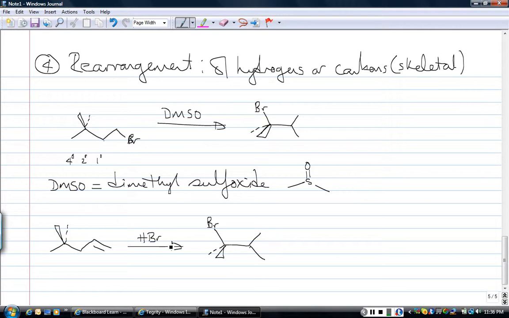It involves a rearrangement, right? Certainly, this methyl has moved over to that position. Wait a minute, no, I think I added one carbon too many. 1, 2, 3, 4, 5, 6, yeah, this compound. So if I add HBr to this compound, I'll make this one as a product.